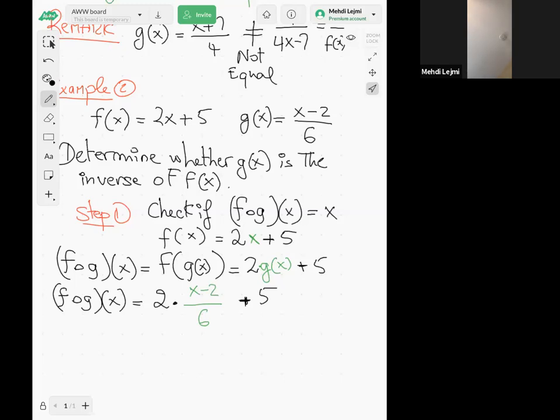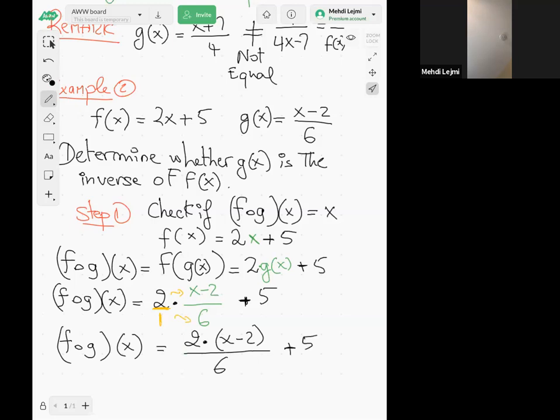Again, this 2 here is a whole number, and I'm going to divide the 2 by 1, so now it looks like a fraction, with 2 on the top and 1 in the denominator. Now I just multiply straight across. So f composed with g of x is 2 times x minus 2 over 6, and then there's this plus 5.